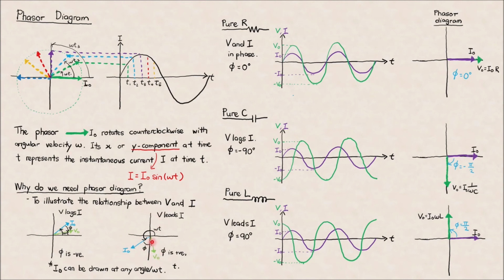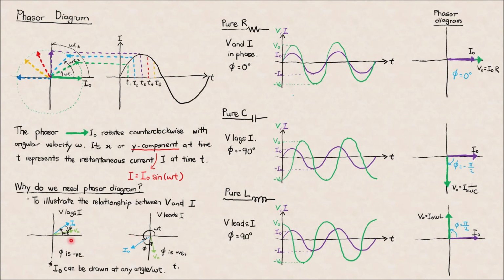And if you look for the angle between I naught and V naught, you see that from I naught to V naught, this angle here is in the natural direction, which is anti-clockwise. So in this case, this phase angle here will be positive. So if V is leading I, the phase angle will be positive. If V lags I, then the phase angle will be negative.